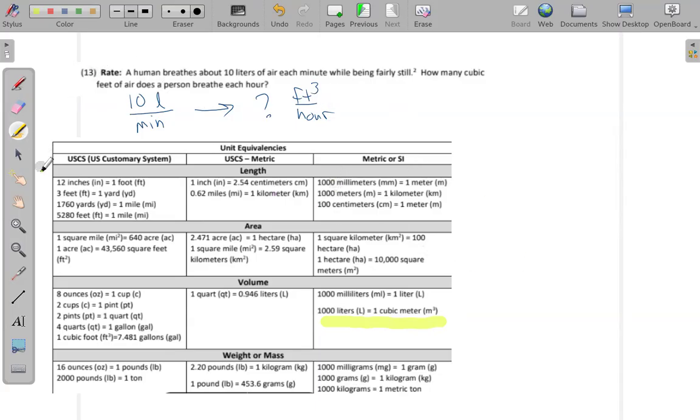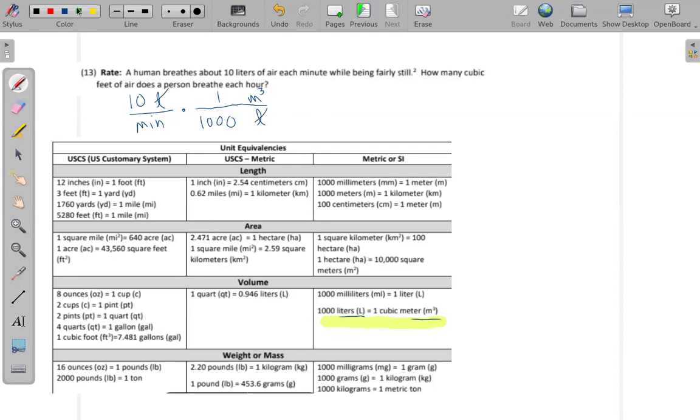Okay, so I'm just going to get rid of this for the moment and start trying. So let's see. First, I'm going to use this fact right here to get rid of liters. So liters in the top, liters goes in the bottom. This converts liters to meters cubed. And it says that 1,000 liters is 1 cubic meter. Okay, that gets rid of liters and gives us cubic meters.